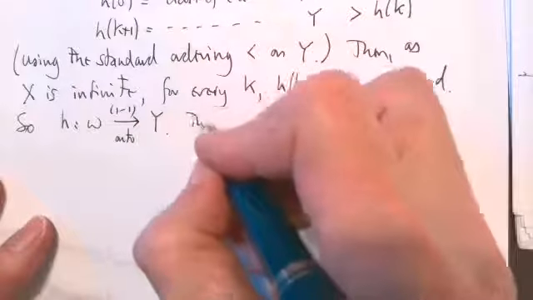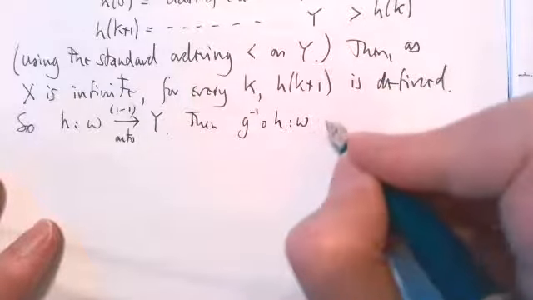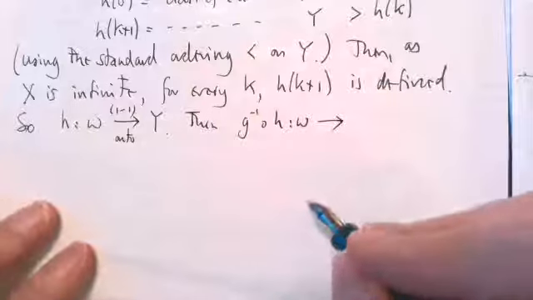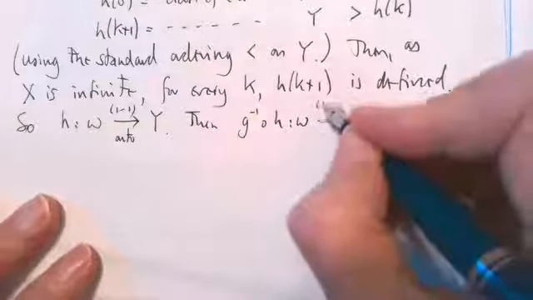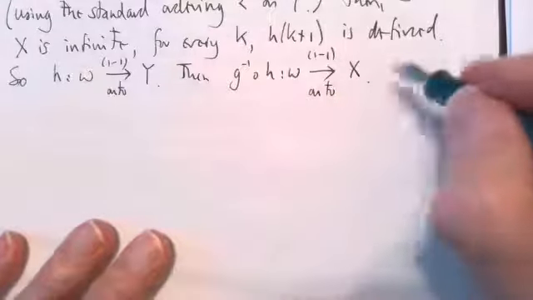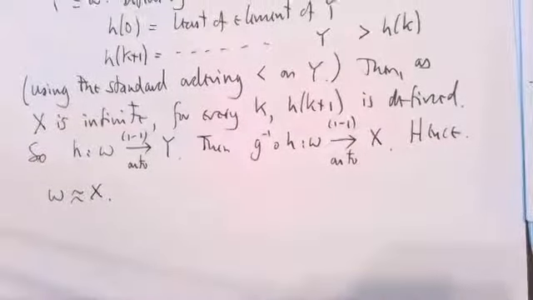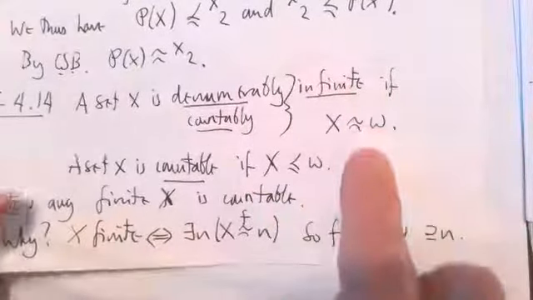And then G to the minus 1 will take Y to X. If I follow that here, this will take omega one-to-one onto X. So I've demonstrated that omega is bijective with X. But that's just what I need for X to be countably infinite. Countably infinite, bijective with omega.